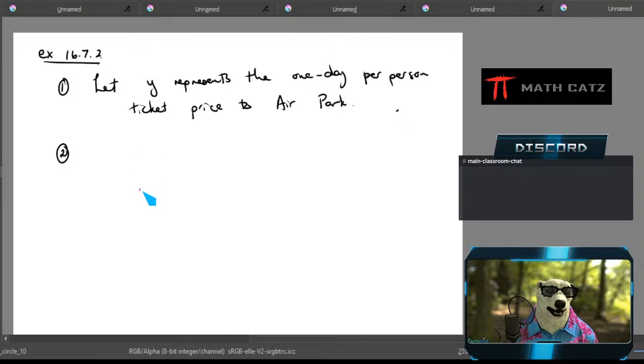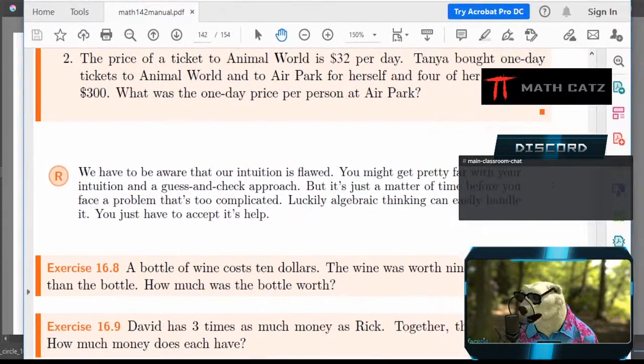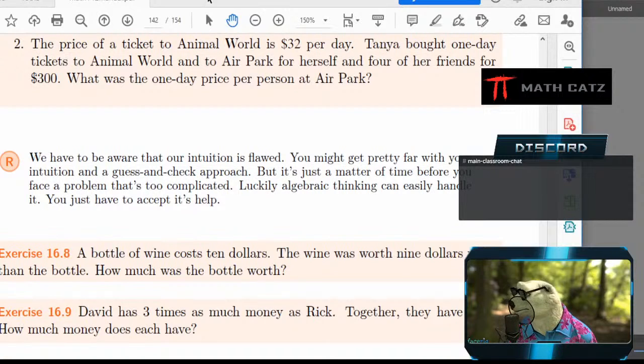Okay, so let me just read this again. Because reading a question once, a word problem, is not enough for me. By the time I get to the end, I don't remember the beginning at all. I need to read this as many times as I need to. I need to be clear on what to do. So I have Animal World tickets and Air Park tickets, and the total cost is $300.